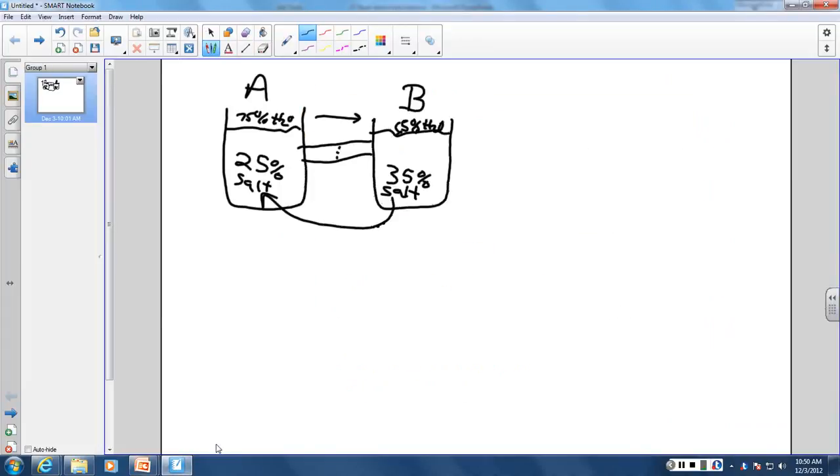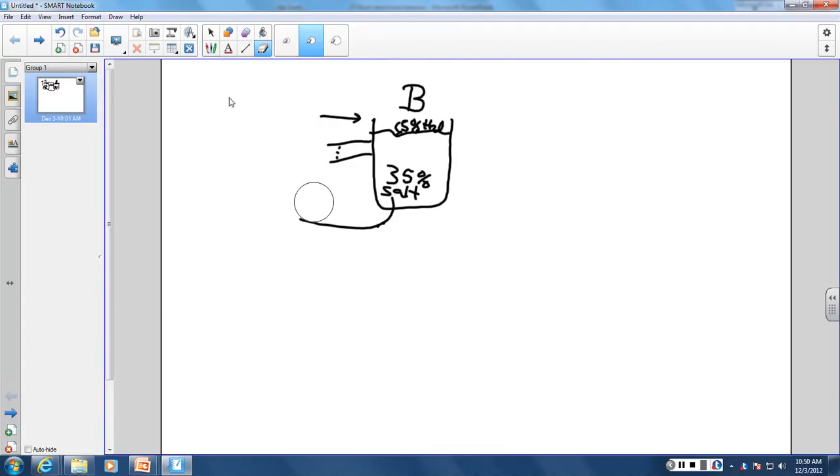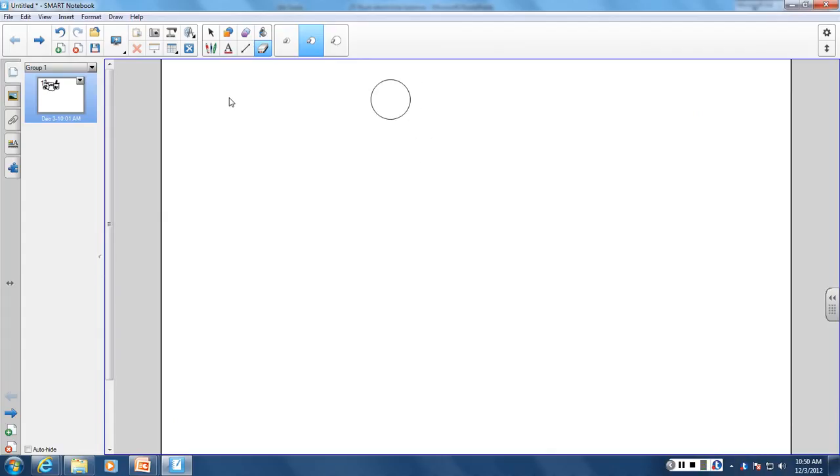Anybody know what an acid is? Okay. So acids are defined as chemicals that release hydrogen ions in solution.